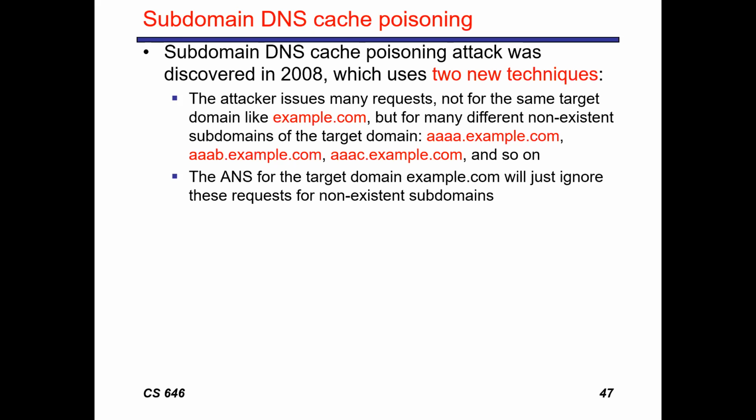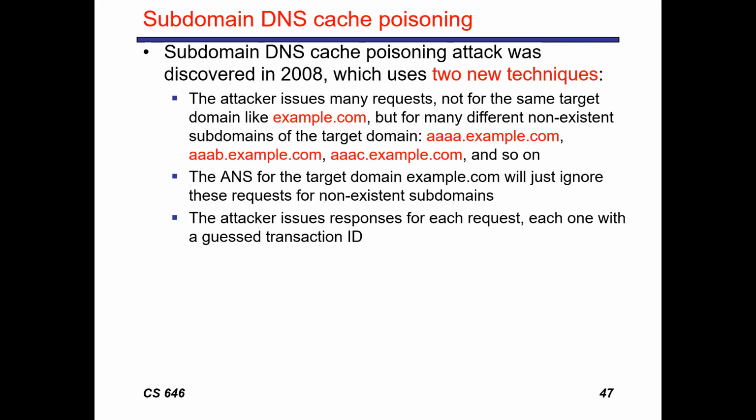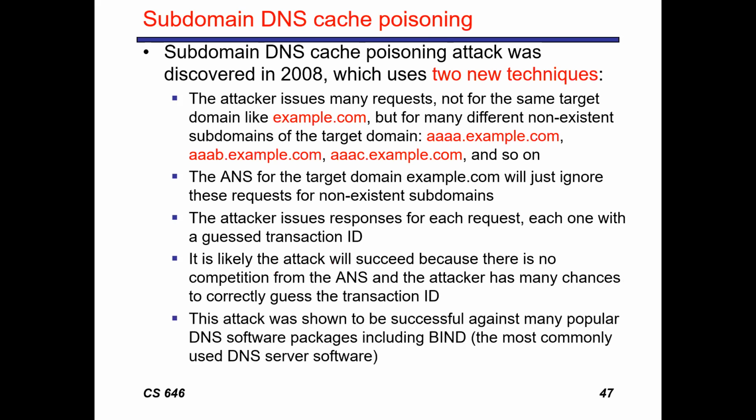The authoritative name server for the target domain example.com will just ignore these requests because of the non-existent domains. Let me explain again. Here in the subdomain attack, the attacker sends queries for subdomains of example.com which don't exist.